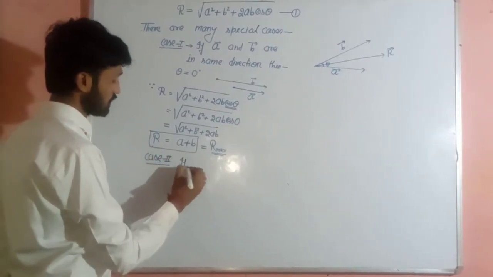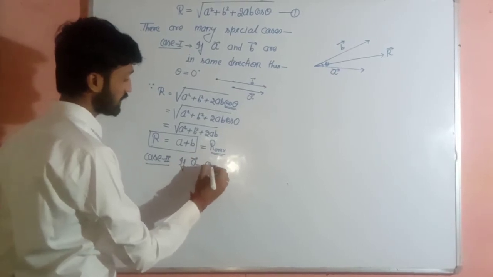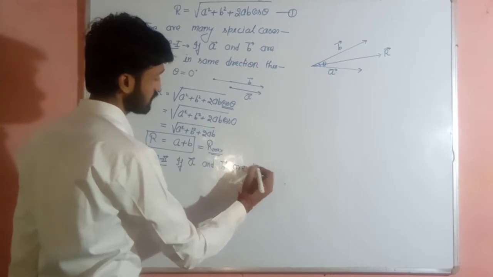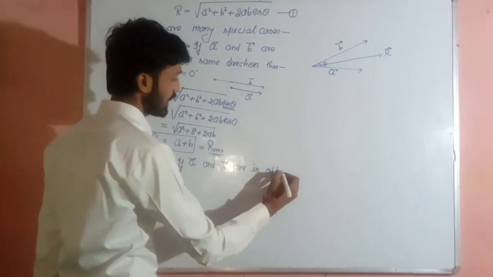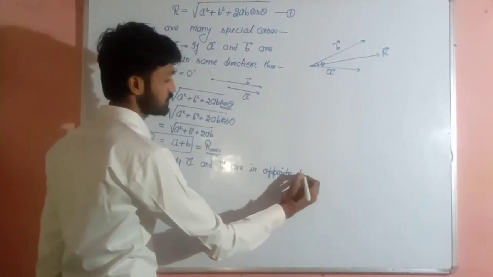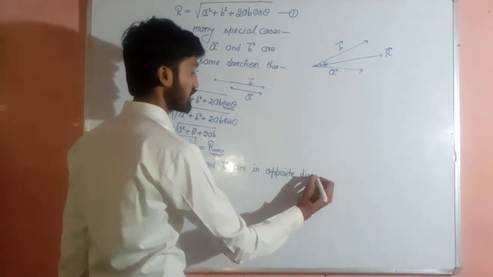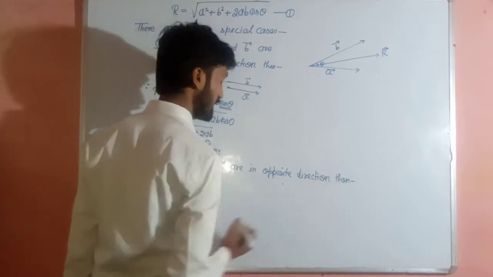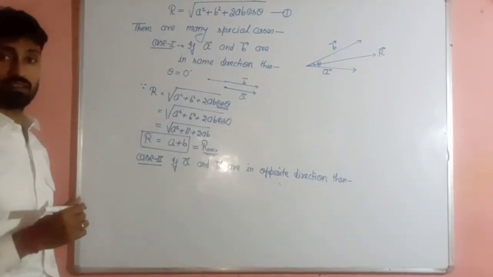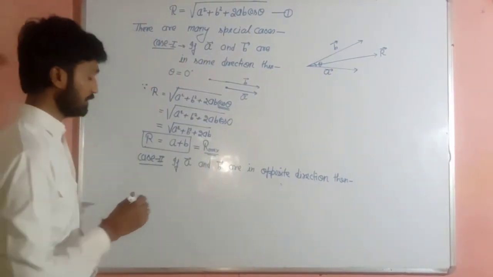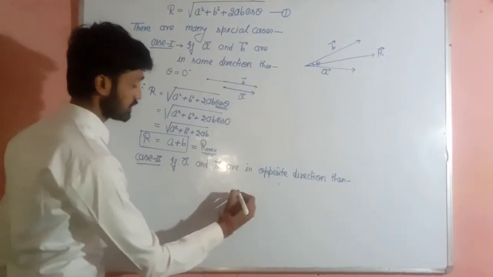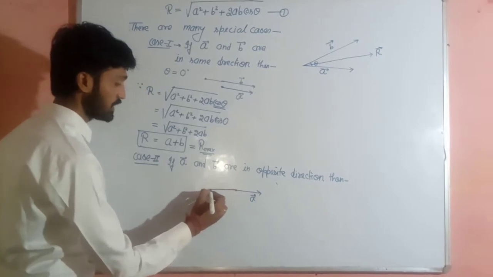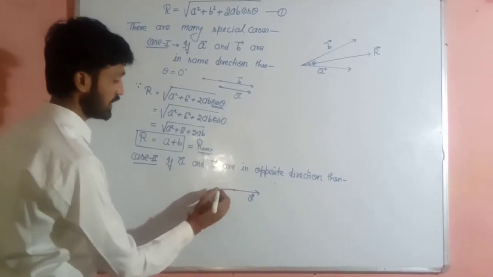Case second: if vector A and vector B are in opposite directions, then vector A will be in this direction and vector B will be in this direction.